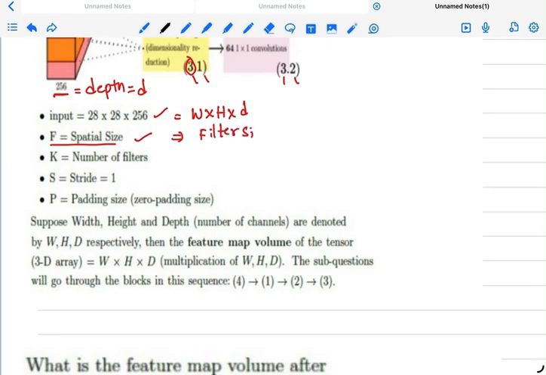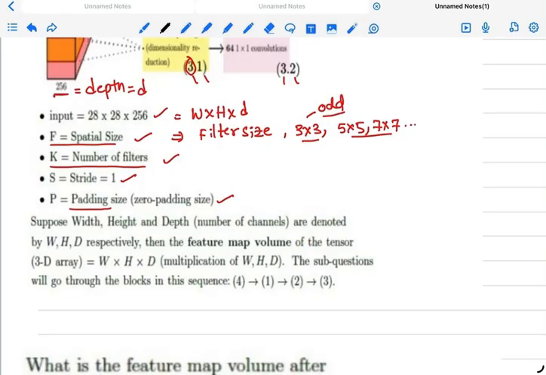General filters are symmetrical, square sizes, generally 3 cross 3, and mostly odd numbers: 5 cross 5, 7 cross 7. Rectangular filters are also available, but in this course mostly they use square filters. K represents the number of filters, stride S equals 1, and P is the padding size, 0 padding.